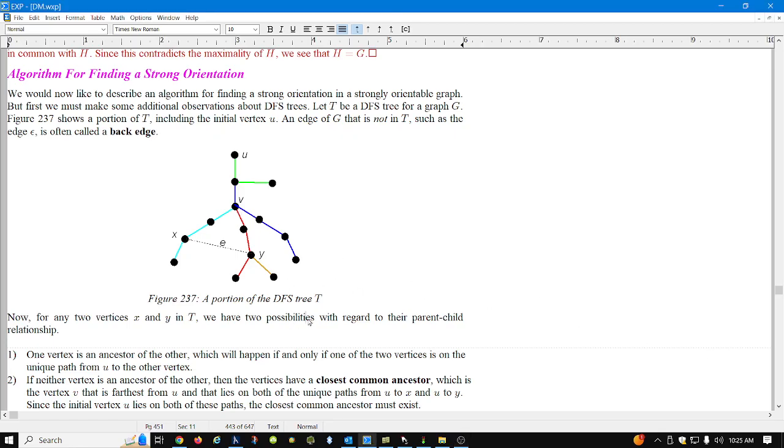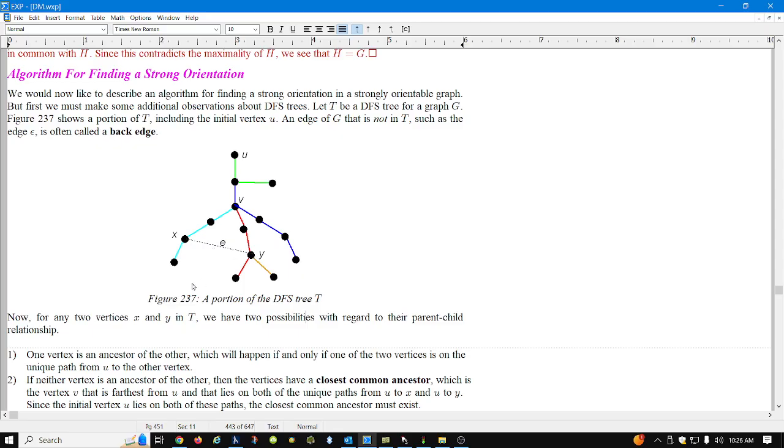Now, the other possibility, if neither of the vertices is an ancestor of the other one, and that's the case for X and Y, then the vertices have what I will call a closest common ancestor.